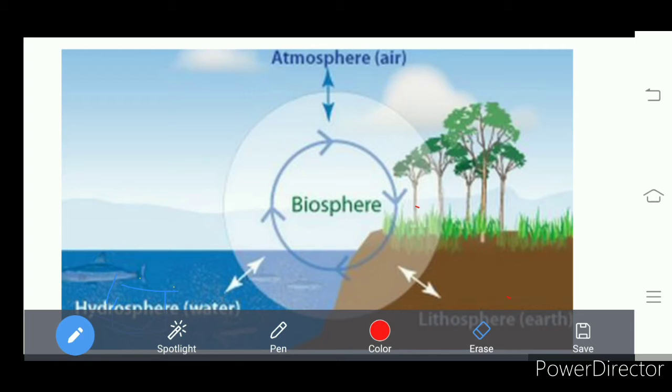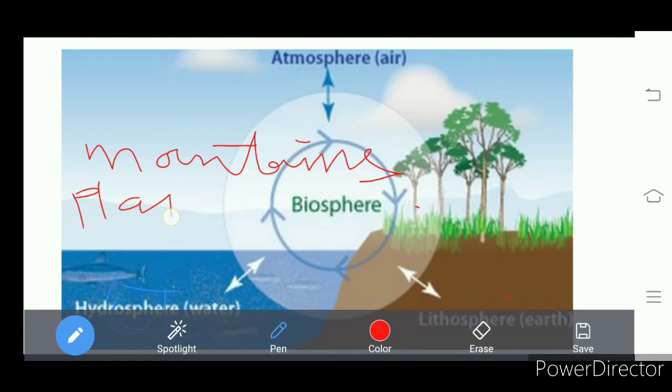What do we find around us on the earth's surface? We find mountains, right? Then we find plateaus, or we call them highlands.